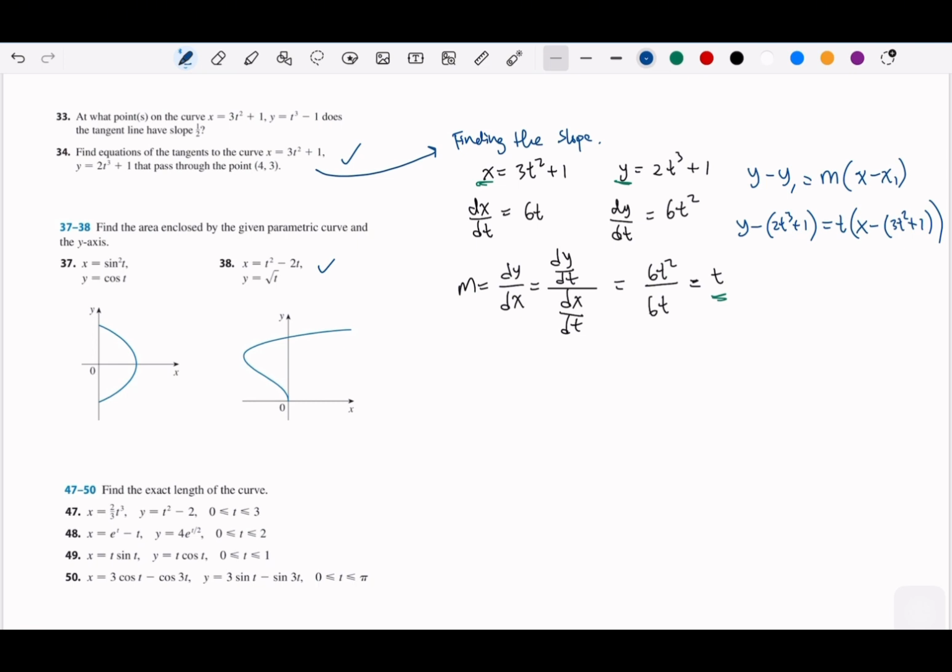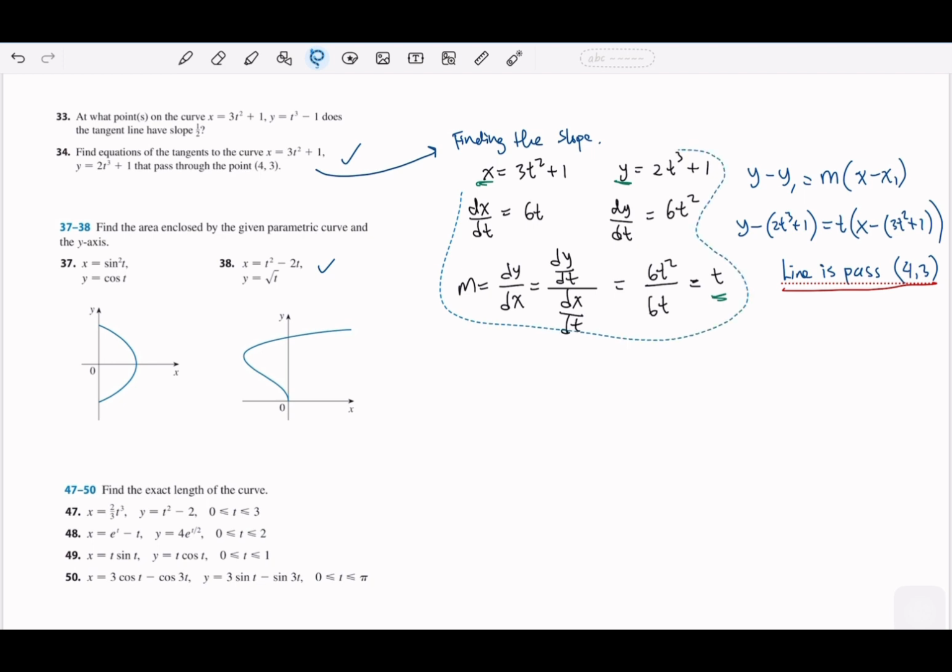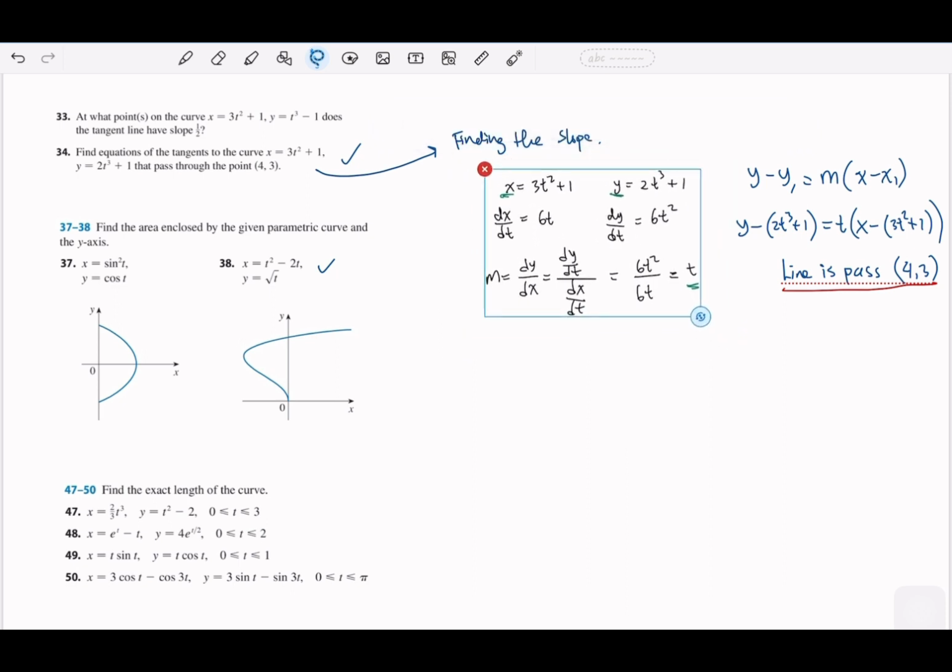Okay. The line is passing through the point (4, 3). It means this line, let me resize this to make it more clear and have more space here.